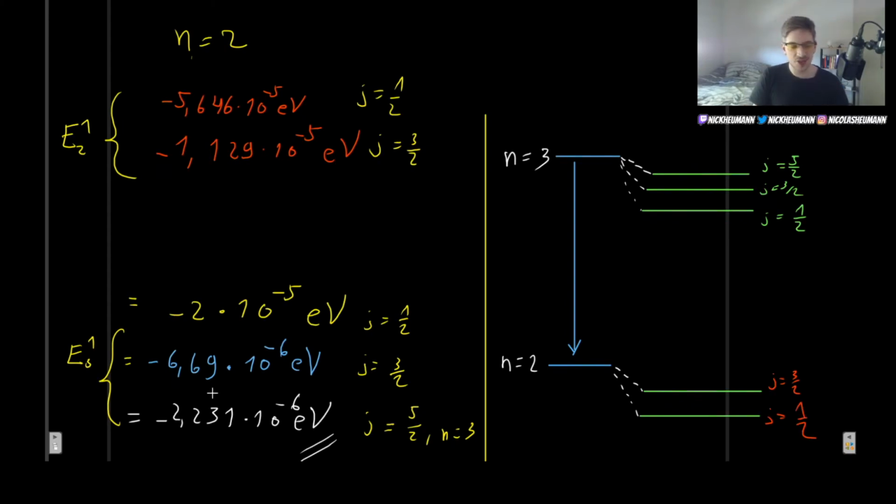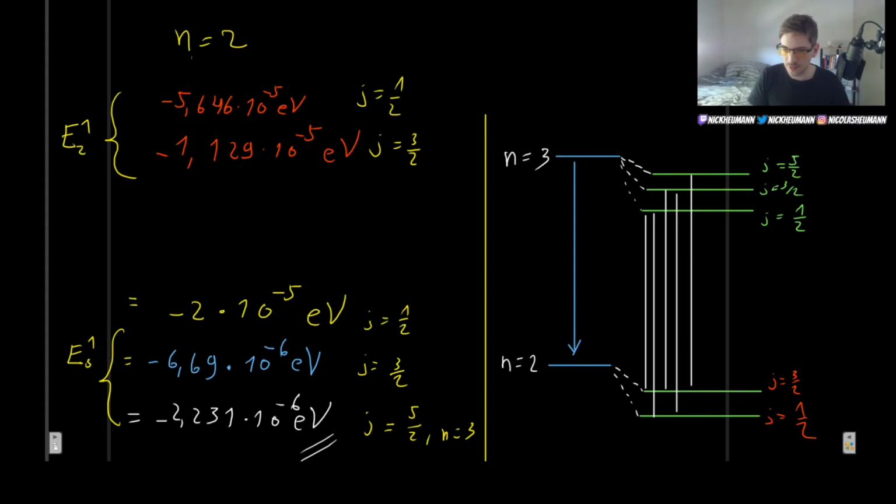So the new transition lines are as follows. I'm choosing a color, maybe white. From j equals 1/2, we can drop down to this, or to this. We can also go from 3/2 to this, or from 3/2 to this. And we can also go from 5/2 to this, or from 5/2 to this. All right, so those are our new transition lines, and those are the values that we now want to find.